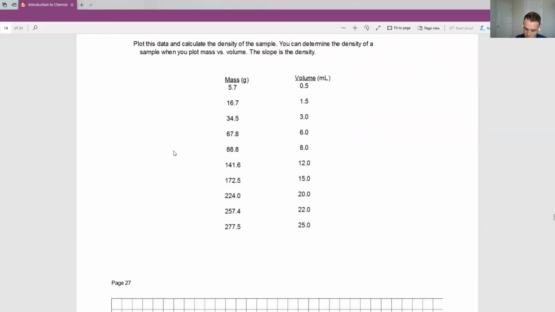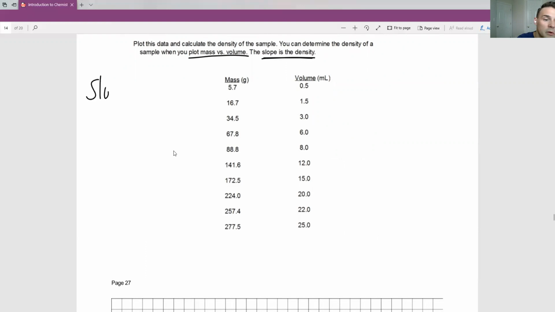Now the last question, I'm only going to give you a hint to guide you. It says plot the data and determine the density of the sample. You can determine the density of a sample when you plot mass versus volume, and the slope is the density. So all we have to do is the slope here.